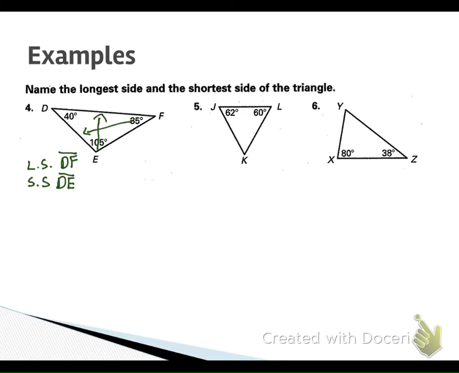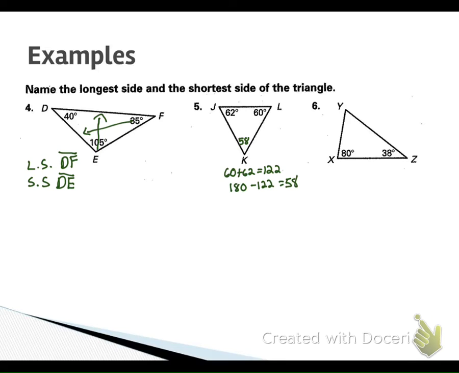For number 5, we have to find our missing angle measure. Measure of angle K. How do I find that? That's right. 60 plus 62 is 122. We have 180 minus 122. Gives me what value? 58. Okay, I'm going to put 58 in here.